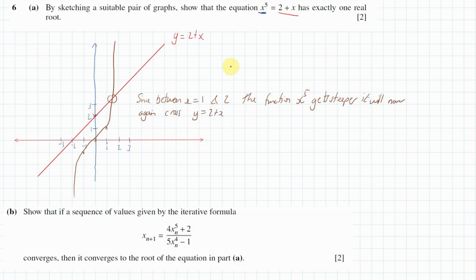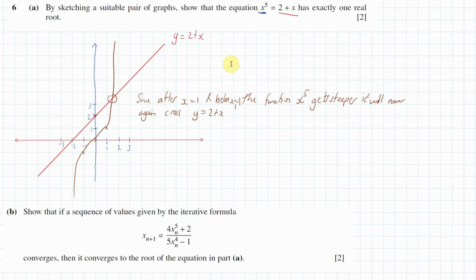And perhaps I could even say, instead of between, since after x equals 1 and before x equals minus 1, the graph function gets steeper and will never again cross. Right, okay, so I think that explains that fairly well.